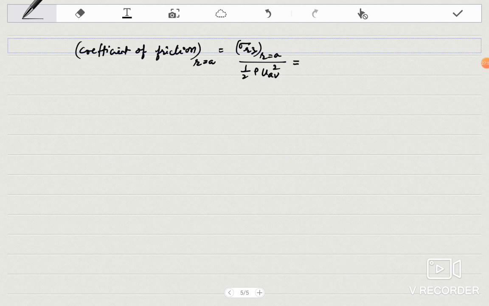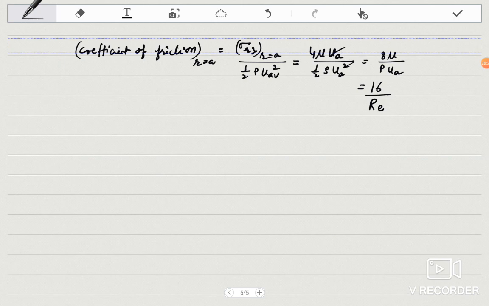When you calculate it, you will get 4 mu U average upon half rho U average square. I may write it as 8 mu upon rho a U average. You cancel one power with this. And if I write it in terms of Reynolds number, which is asked, it will be 16 upon Reynolds number.